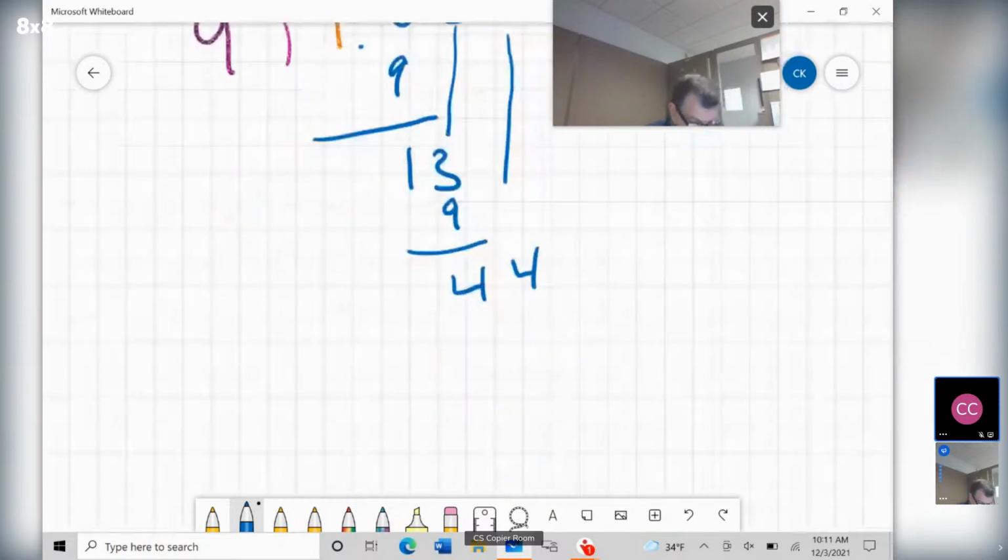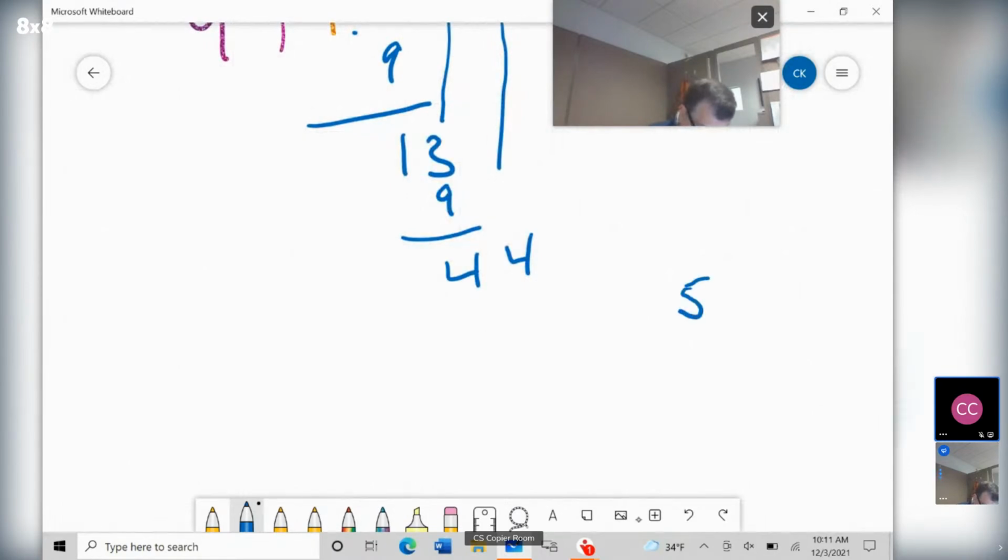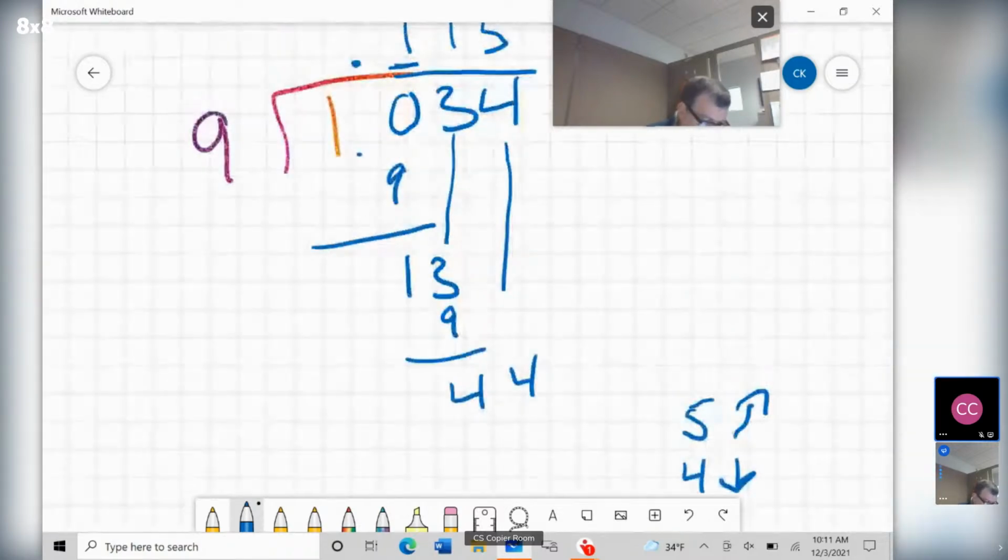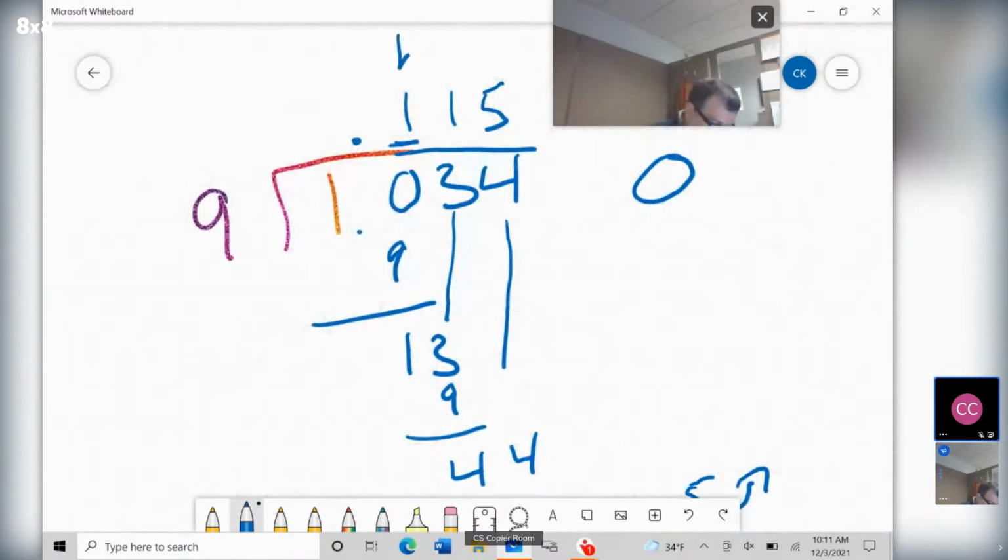So remember, for the rounding, if it's 5 or more, we round up. If it's 4 or less, we round down. So we see this 1 is a key number right here. That number is less than 5, so we're going to round down. And when we round down to the nearest whole number, the whole number would be over here, so it's going to be 0. And it seems a little bit odd, but that's what it's asking for.